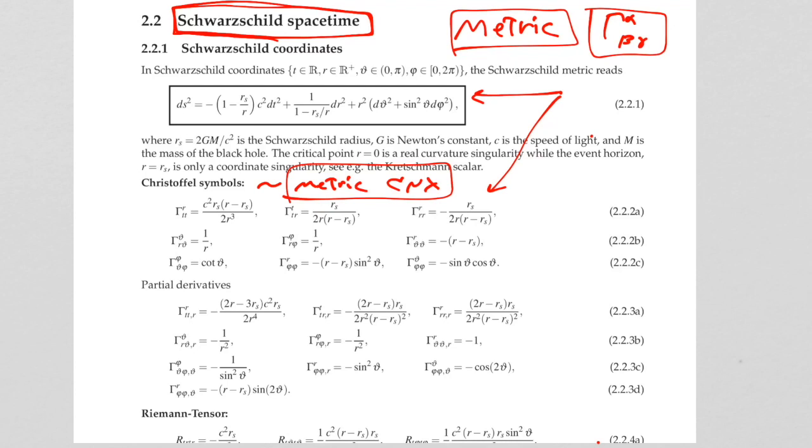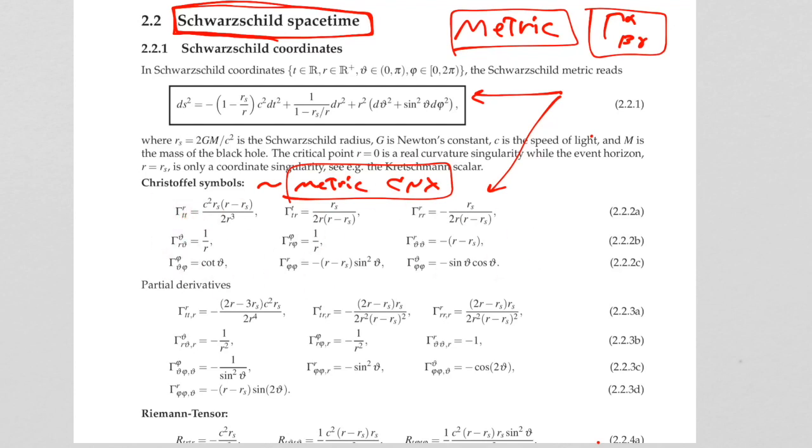Now that's reduced a lot by the symmetry of the metric.